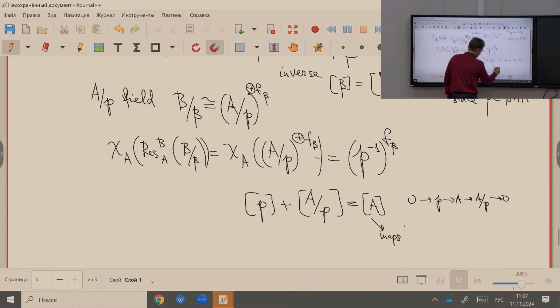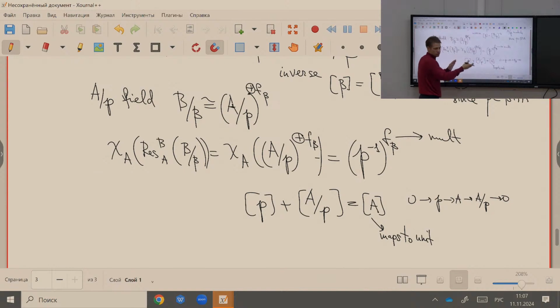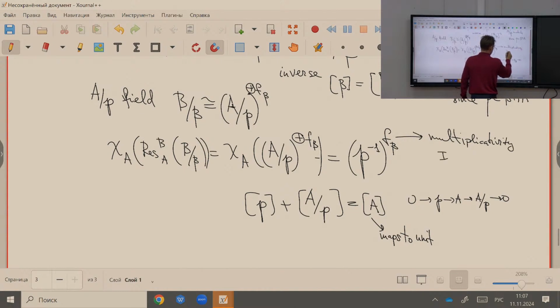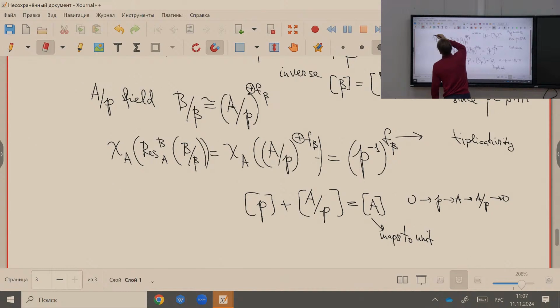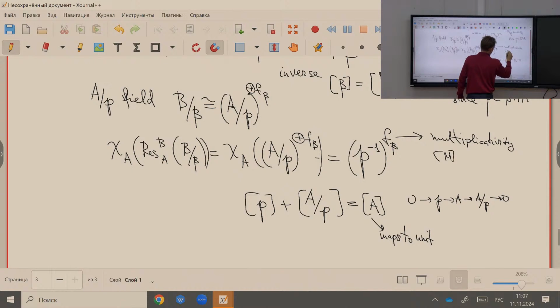So this is multiplicativity of the sum of classes, the sum of modules.